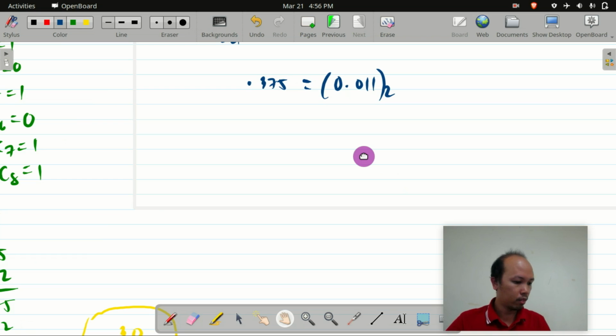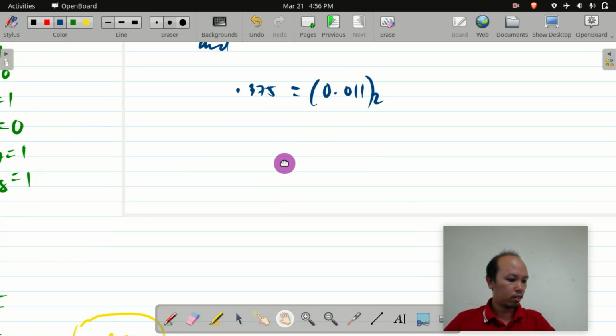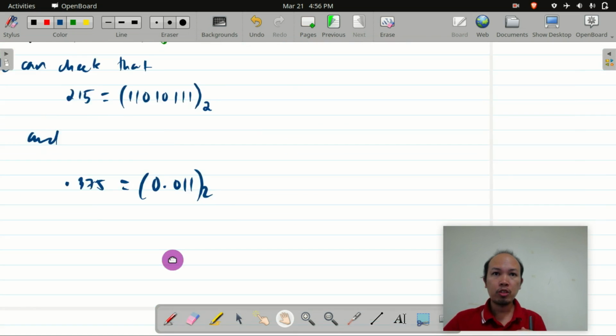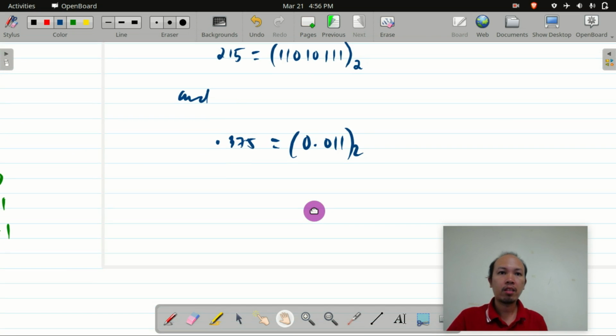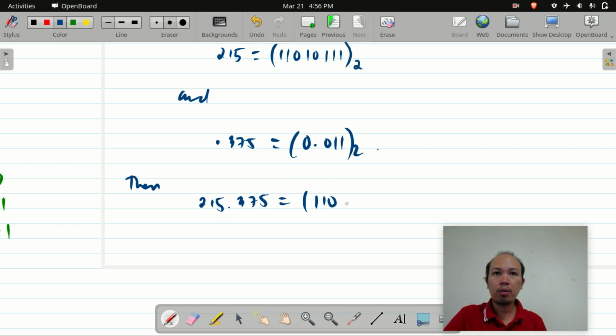Then 215.375 is equivalent to 11010111.011 in base 2.